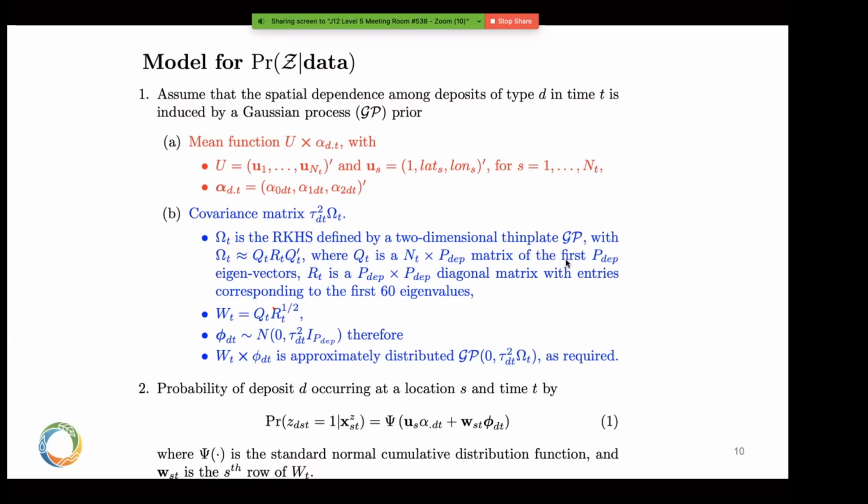Now, the reason that we use the standard normal CDF is that, using a small trick in data augmentation in Bayesian methodology, we managed to turn this binary regression problem into a Gaussian regression problem. And that becomes very easy for us to deal with.